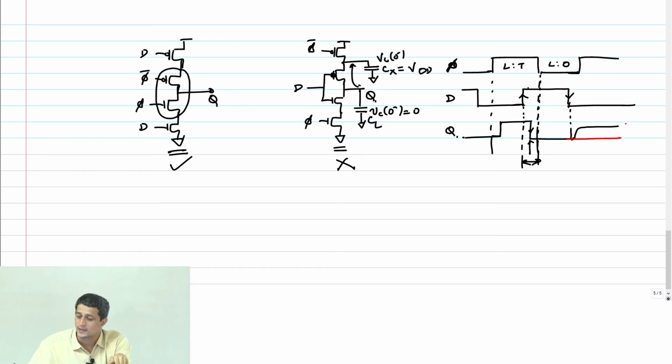Of course, it depends on what this charge shared value is. Whatever this value is, it will go to something between 0 and VDD. Depending on where it lands, the following stage may trip or not trip. But that's not a good thing. Any questions here?